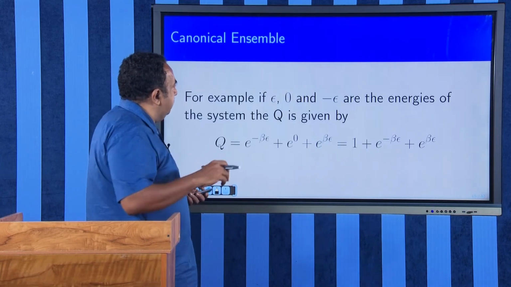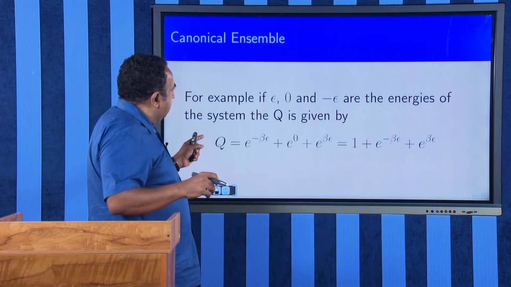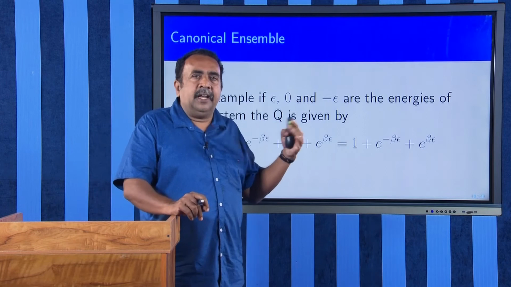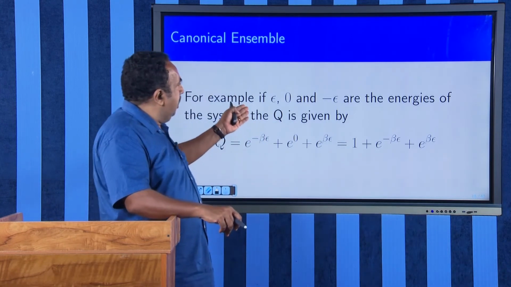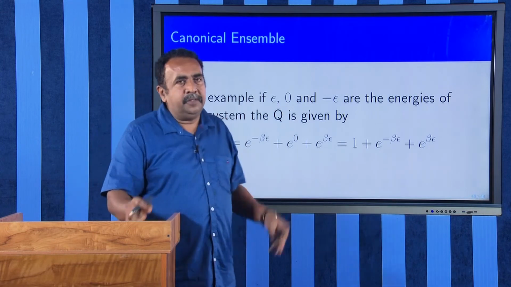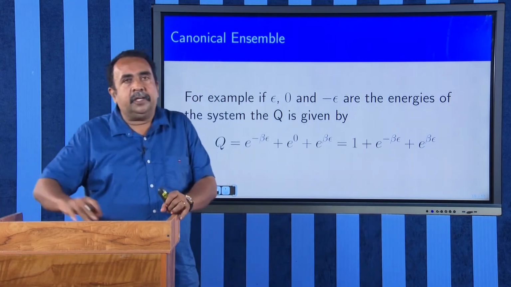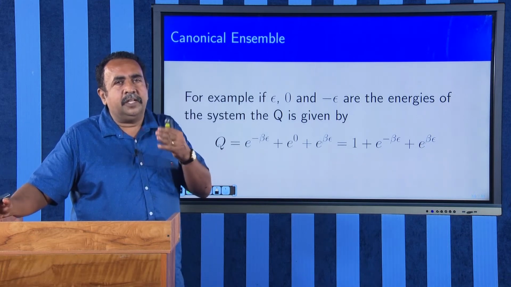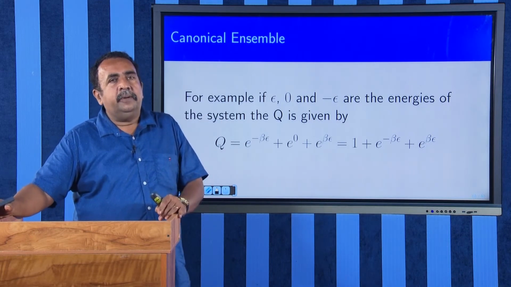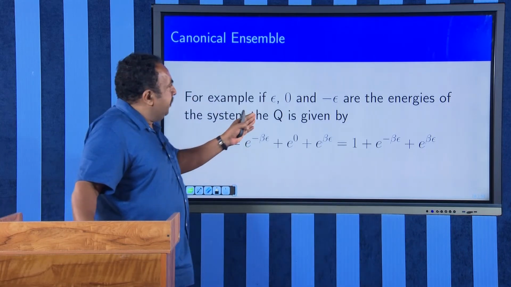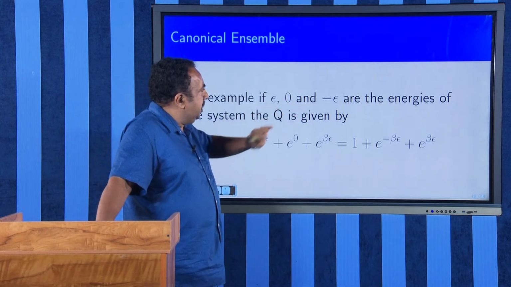Let us take an example. If your particles have energies given by epsilon, 0 and minus epsilon, only 3 possible energies are there for the particles. In actual cases, it can be hundreds or millions of types of energy. But to understand what is your partition function, let me take 3 energies: epsilon, 0 and minus epsilon.